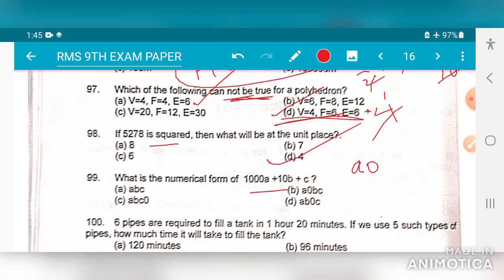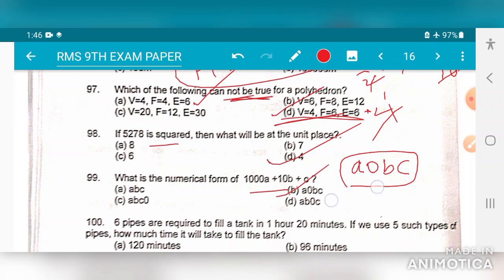The tens place is b, and the unit place is c. This is the numerical form. Understood? So A0BC, which one? B1 is the correct one. Right, B1 is correct.